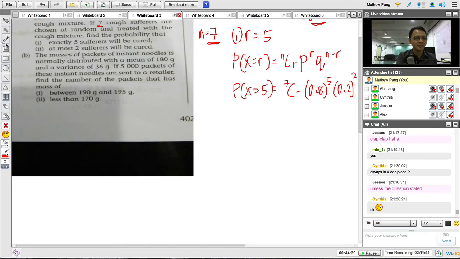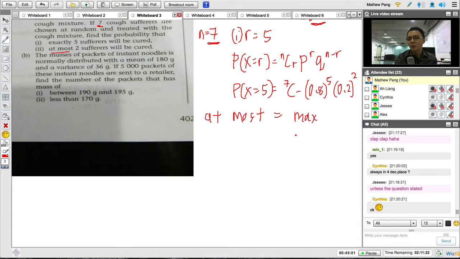Okay, the second part, at most. What's the meaning of at most? You can imagine it has the same meaning as maximum. So if I say I maximum will give you 5 ringgit, will I give you more than 5 ringgit?